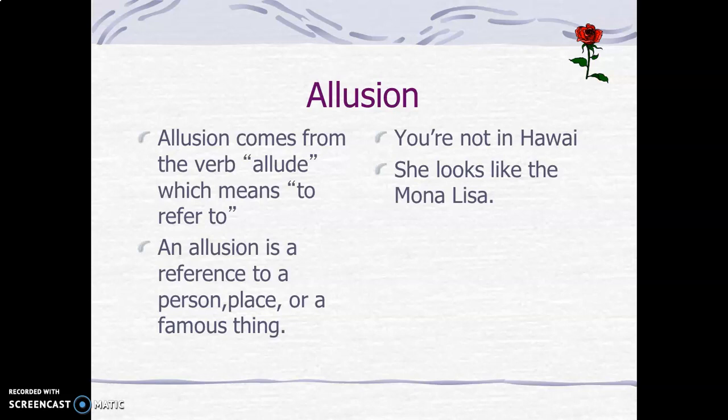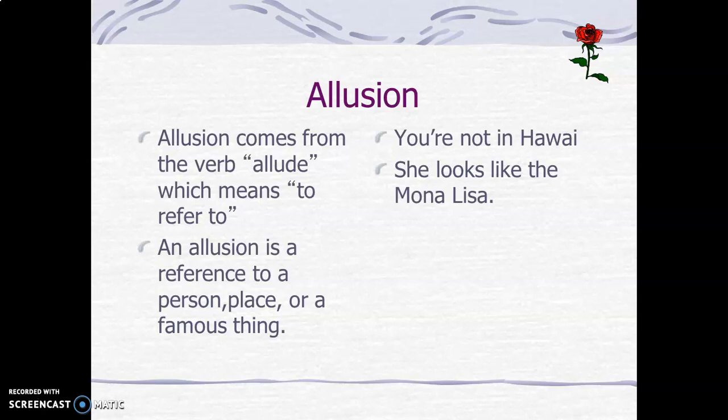Another element called allusion. Allusion comes from the verb allude, which means to refer to. An allusion is a reference to a person, place, or a famous thing. When you say, for instance, you are not in Hawaii, you mean that he is somewhere else, and he is not in Hawaii to act so and so.